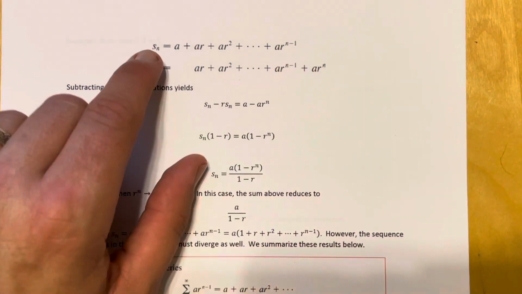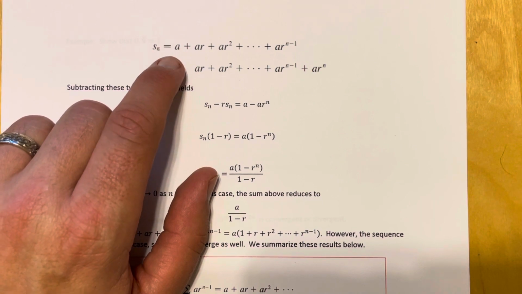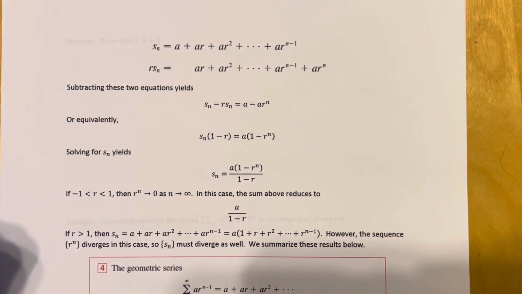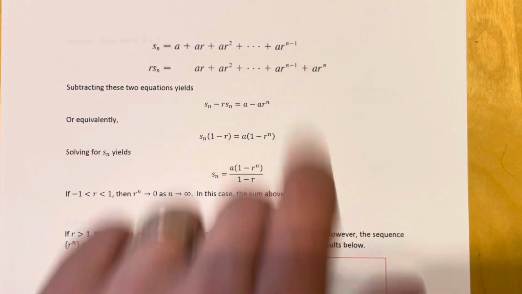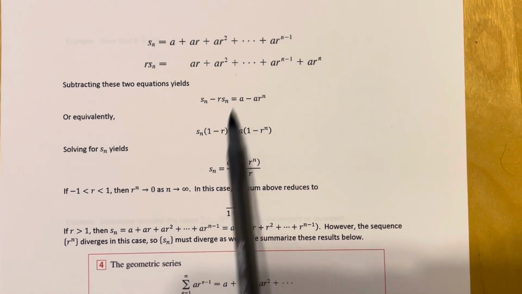It's n minus 1 because the first term doesn't have an r in it. So I could technically call this ar to the power of 0. It's my first term, but the power is starting at 0. So the power is 1 less than the number of the term that I'm talking about. If I want to go out to the nth term, then my power should be n minus 1.